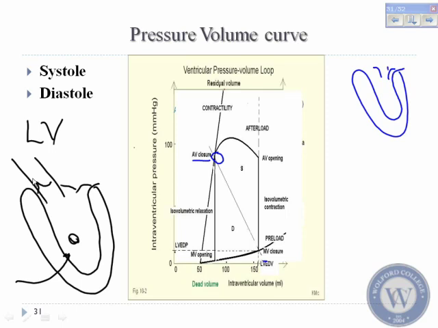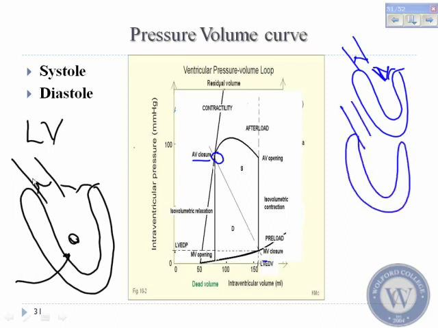During isovolumetric relaxation, okay, both the aortic valve and the mitral valve are closed. So the actual ventricle gets larger, but the valves stay closed. Okay? That's considered isovolumetric relaxation. If you look at this, there's absolutely no change in volume during this.